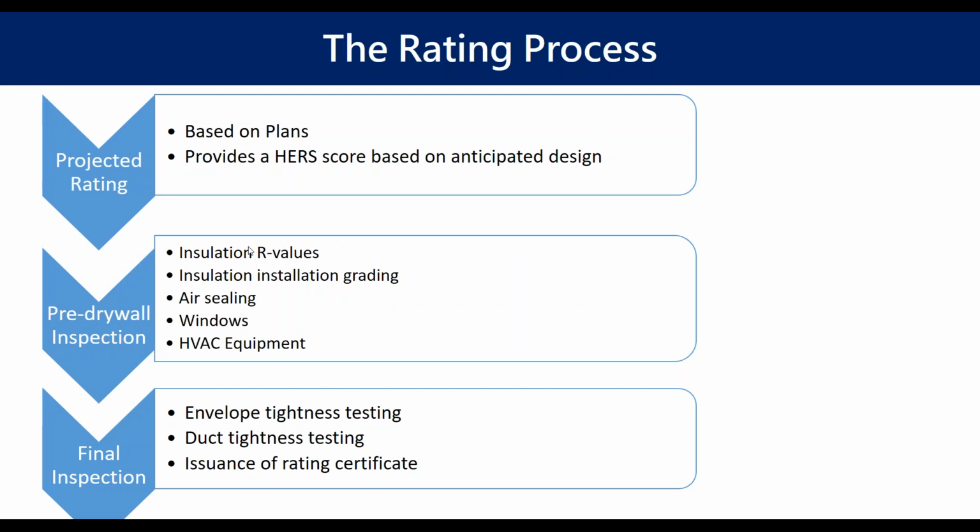So if those numbers are drastically different once the final inspection is done, then the rater would need to go back and revise the energy model to see what impact that has on the actual index score.